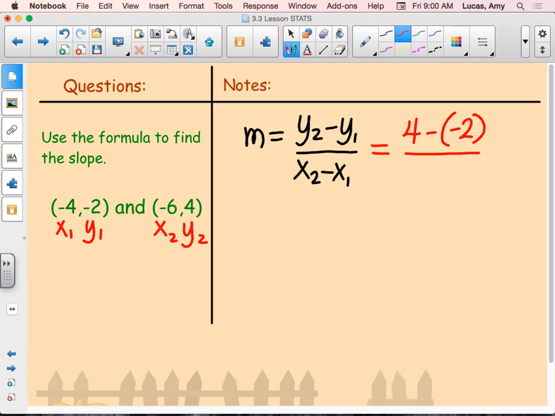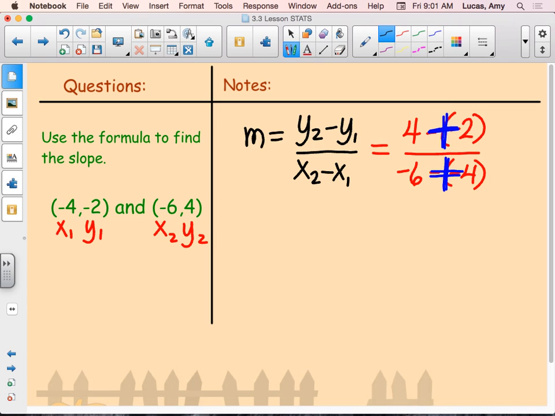Look at how I wrote that. And then I'll have negative 6 minus negative 4. Be careful so that you're not skipping a lot of steps here. Just take your time. On both of these, I'm subtracting a negative, so that will turn into a chunky plus.